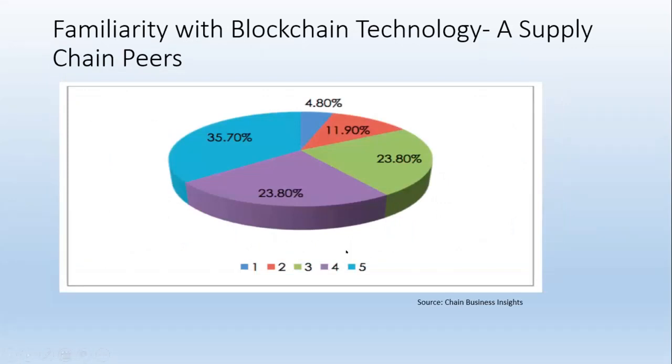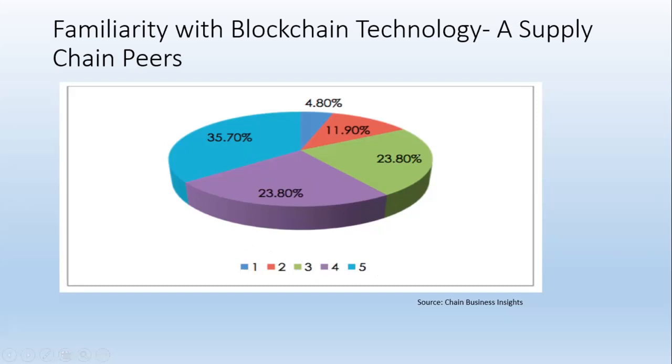This is a survey report on how many supply chain peers have come forward to adopt blockchain technology worldwide. It is rated from 1 to 5: 1 is no idea about blockchain, then little knowledge, medium knowledge, trying to adopt, and the fifth one is already using blockchain.